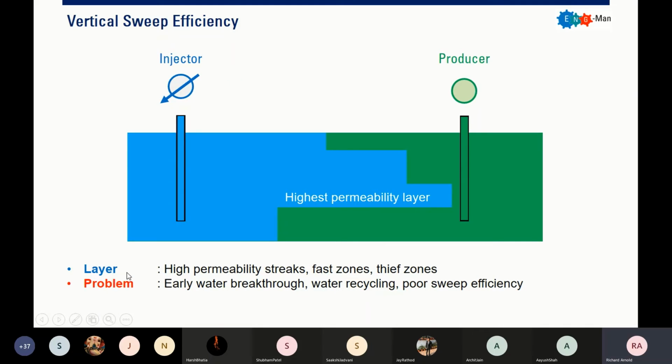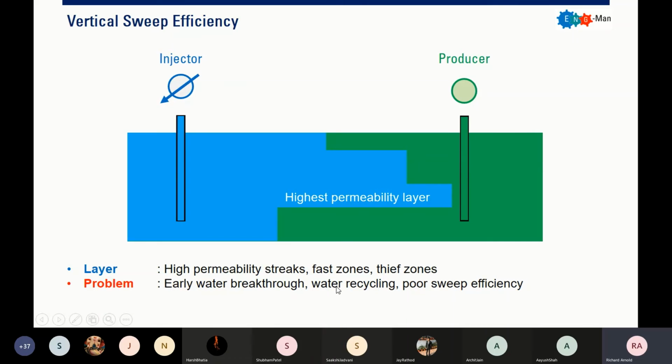Our reservoirs are normally stratified or layered. There are a lot of high permeability streaks, fast zones, thief zones, fractures, and so on, which will give us problems like early water breakthrough, water recycling, which ultimately will give us poor sweep efficiency, or poor vertical sweep efficiency.